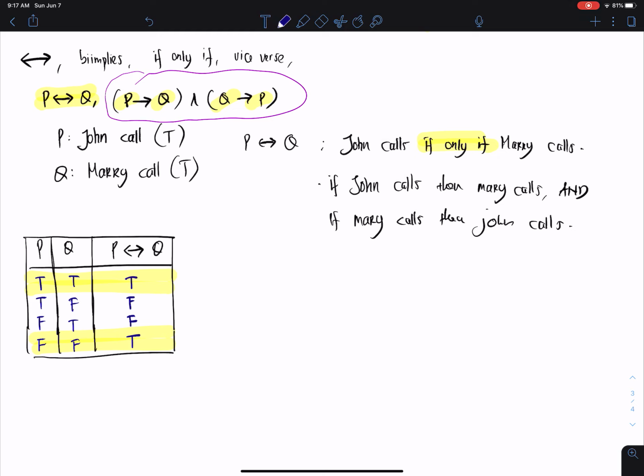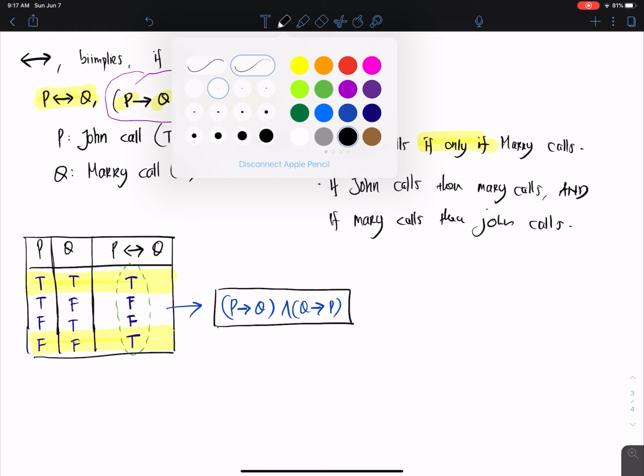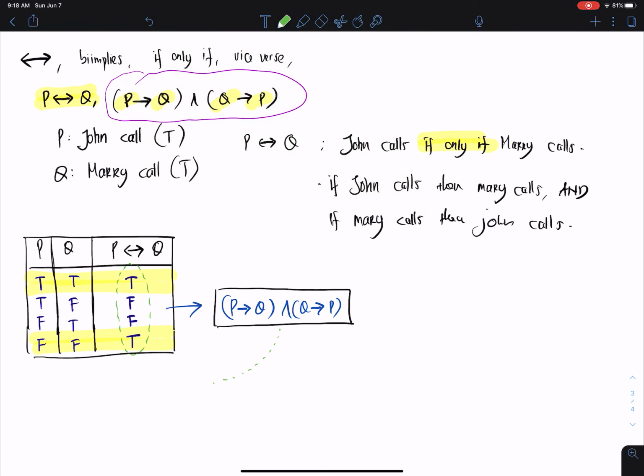Also, you can try to prove this value, whether it is true or not, by trying to construct the truth table for P implies Q and Q implies P. So take some time and prove or construct this truth table, and then see whether you are going to have identical truth value as we have in here.